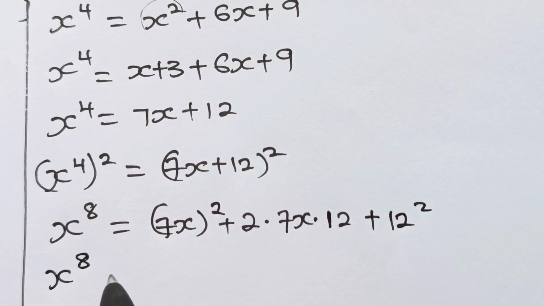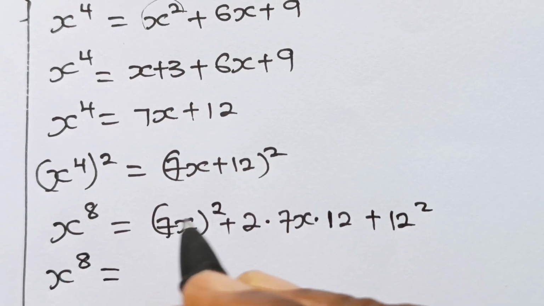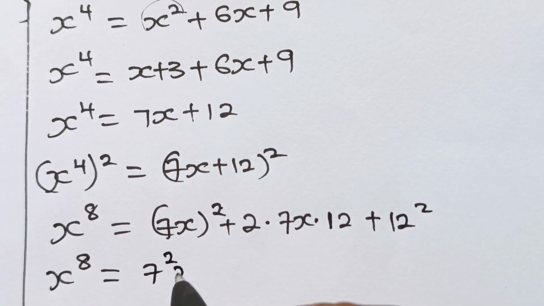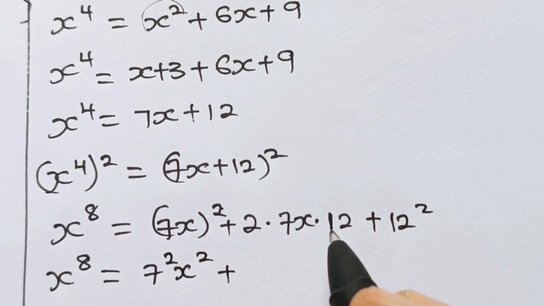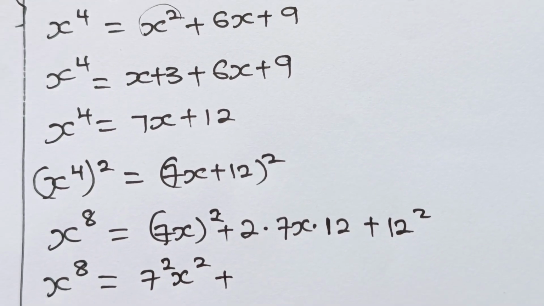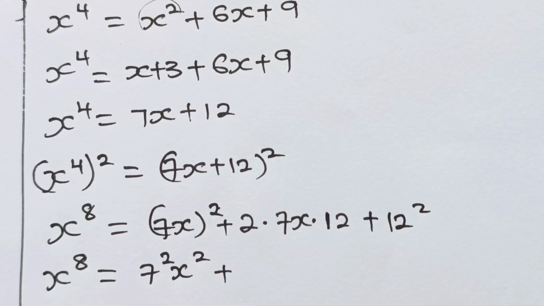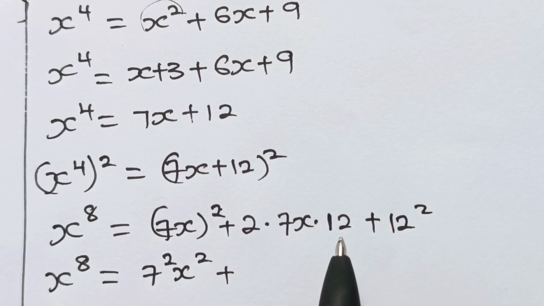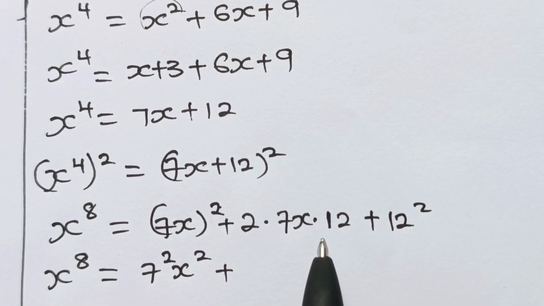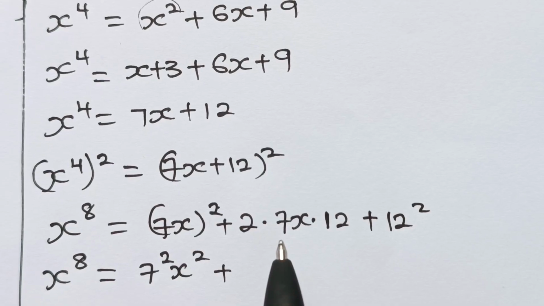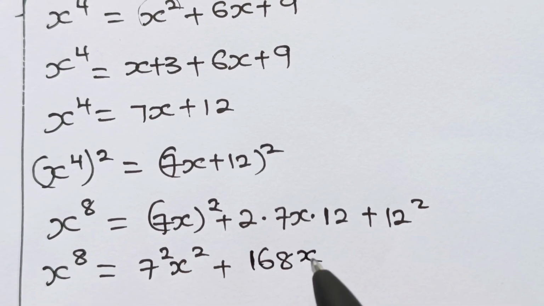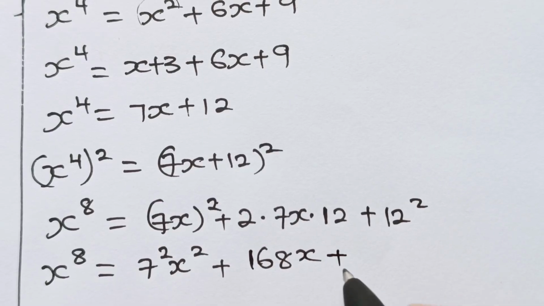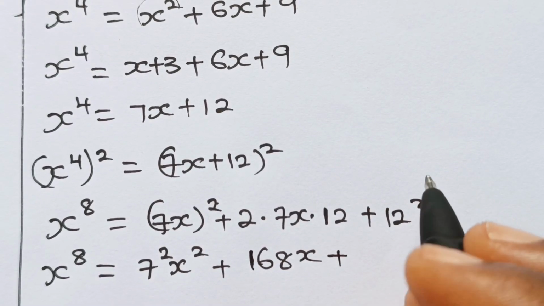So x to the power of 8 is 7 squared multiplied by x squared plus 2 times 12 is 24, and 24 times 7 will give us 168. So you have 168x plus 12 squared is 144.